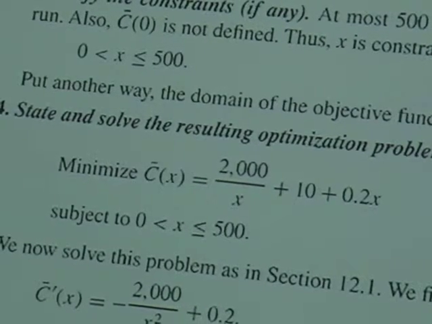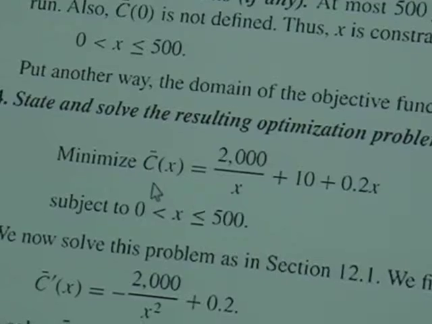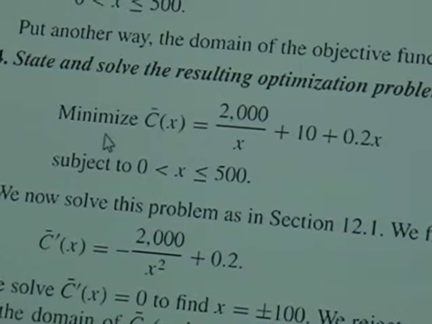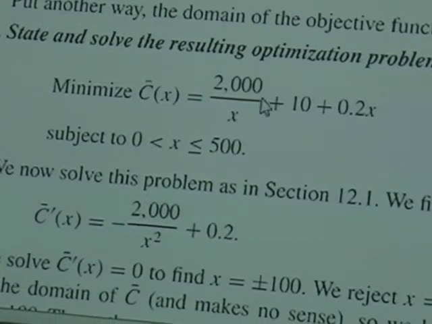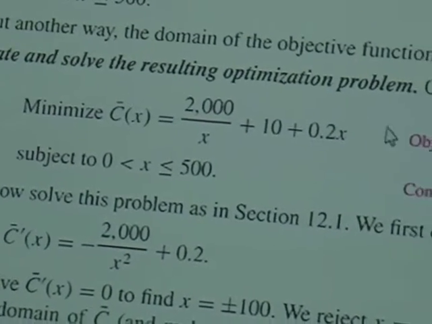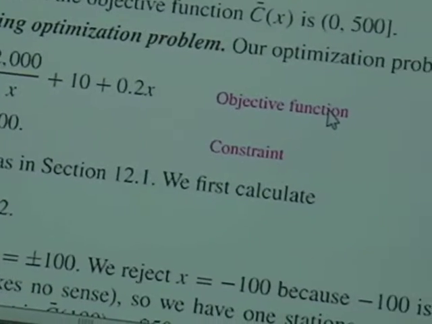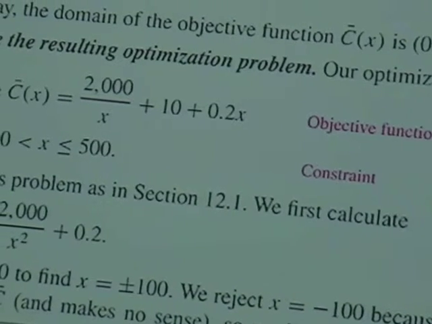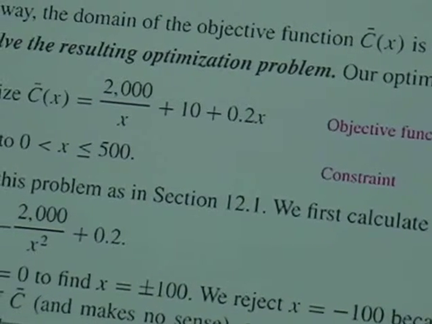But really all you need to understand are these three things: the objective function, the constraint, and this word "subject to". So you just have to understand those three, that's all.